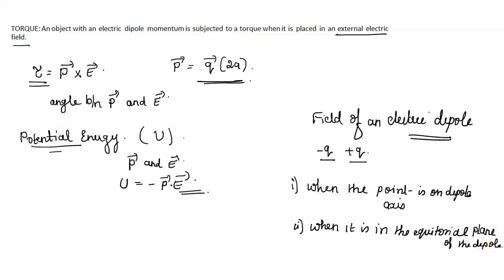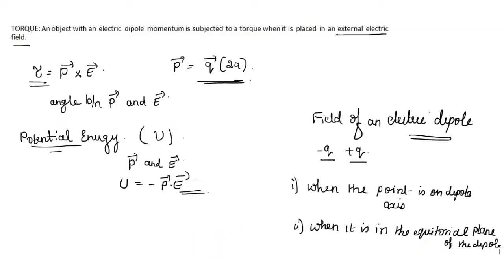So we need to calculate the equation for electric field when the point is on the axis of the dipole and when it is in the equatorial plane of the dipole, that is, perpendicular to the dipole axis. There are two derivations for the equation to calculate electric field that we will study in our next video.